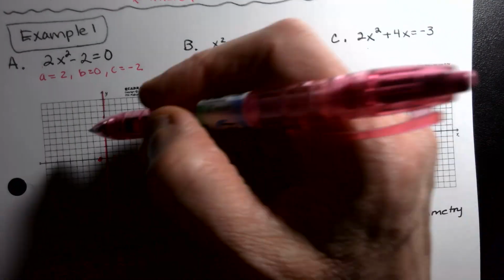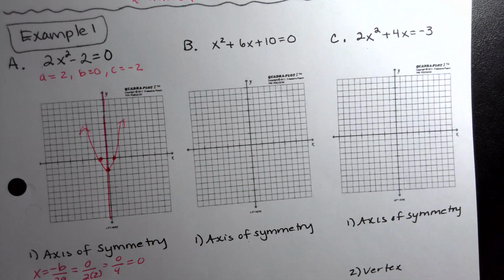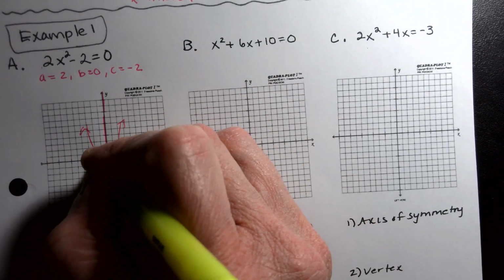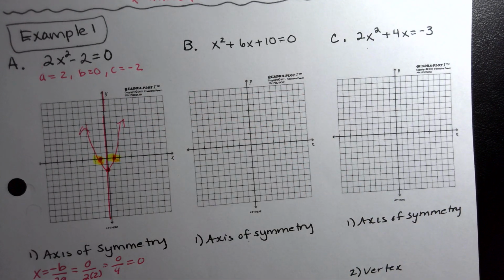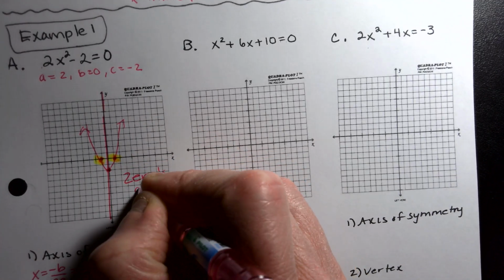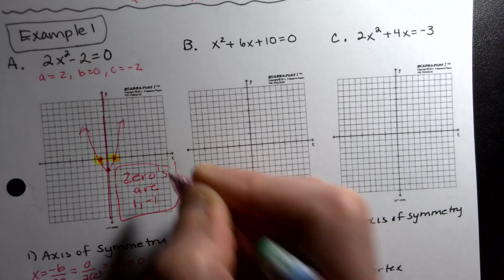They fell right on the line. Since that's the goal of what we were doing, I don't need to do anything else. My solution to this is right here and right here. The zeros are 1 and negative 1.